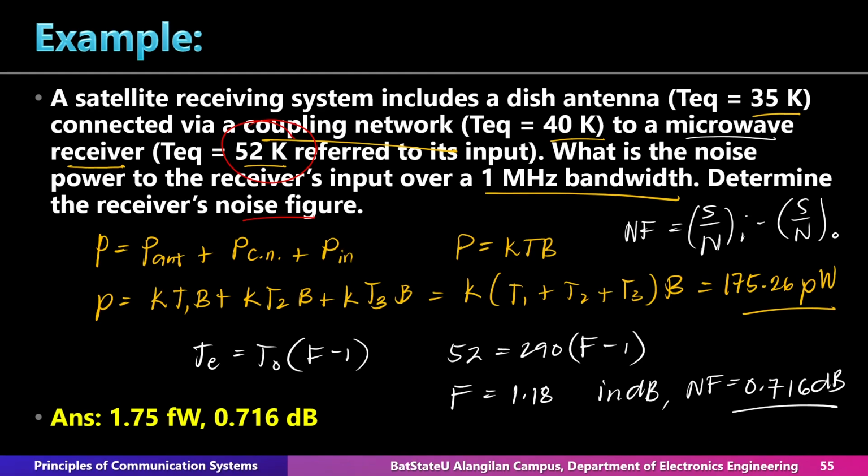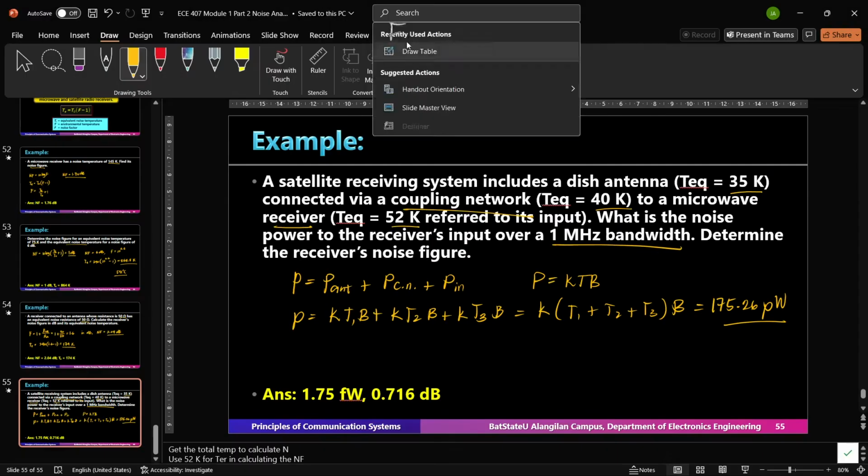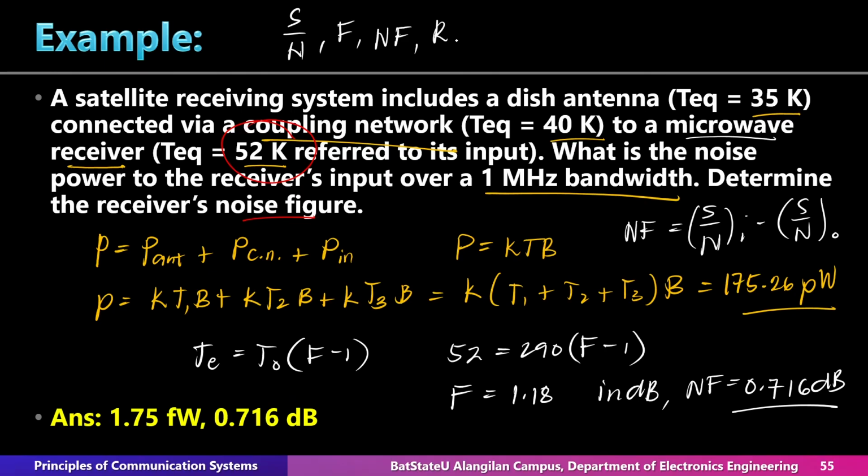This is the last example problem for this topic. Diniscuss natin sa video na ito yung iba't ibang parameters na ginagamit sa pag-evaluate ng noise sa isang system. Ano-ano yon? Signal to noise power ratio, noise factor, noise figure, noise resistance, and the equivalent noise temperature.